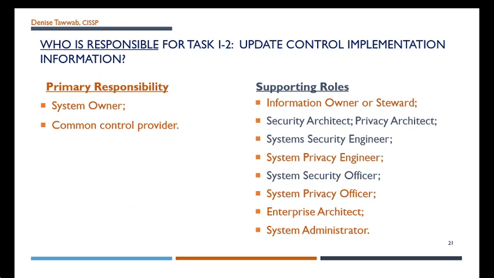The primary responsibility for updating control implementation information, making sure those security and privacy plans are accurate, falls to the system owner and also to the common control provider. Supporting roles, again, can be provided by the information owner or steward, security and privacy architects, system security engineers, privacy engineers, security and privacy officers, the enterprise architect, and of course the system administrator.